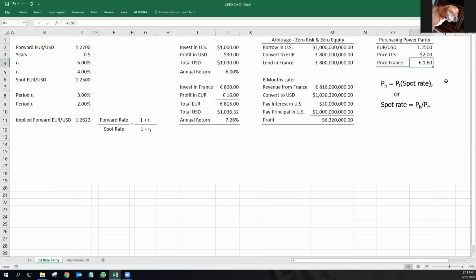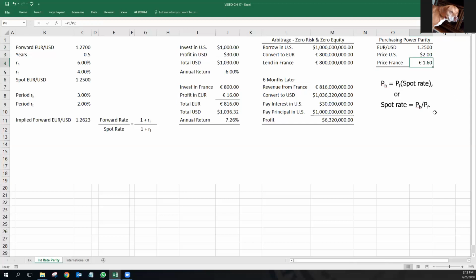Quick verbal example. Here, all we're doing is, if the price in the US is $2, and we're doing an example without transaction costs, like there's no tariffs, quotas, and all that. It's just so you can get the message. Whatever product sells for $2 in the United States, after everything is said and done, the product in France, in this case, based on the spot rate, should be 160 euros.